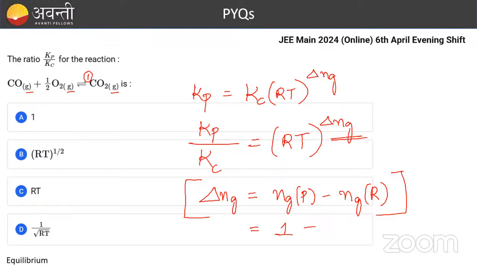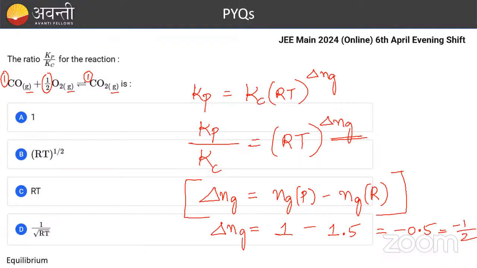We have two reactants: carbon monoxide has 1 mole and oxygen is half mole. So 1 plus half is 1.5. So 1 minus 1.5 is minus 0.5, which can be written as minus 1 by 2. Minus 1 by 2 is the delta Ng value.